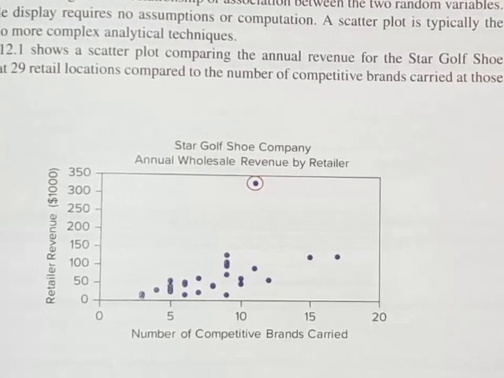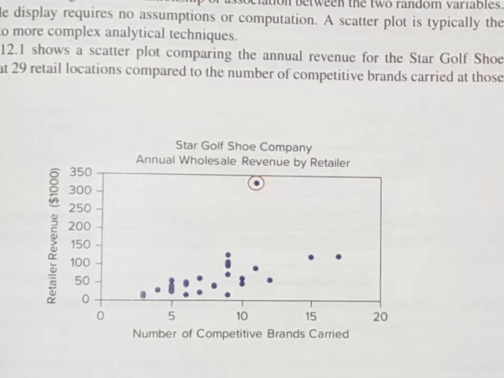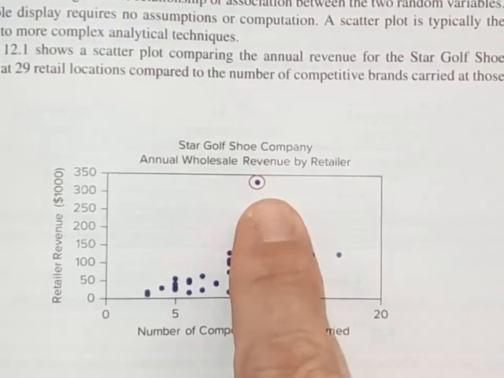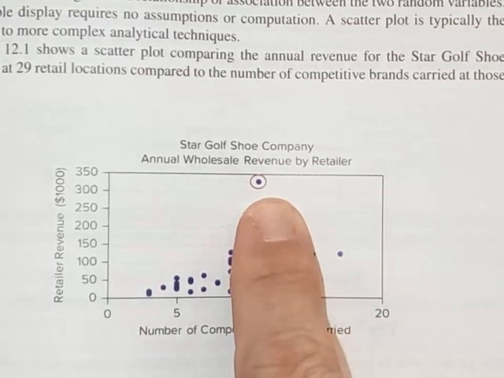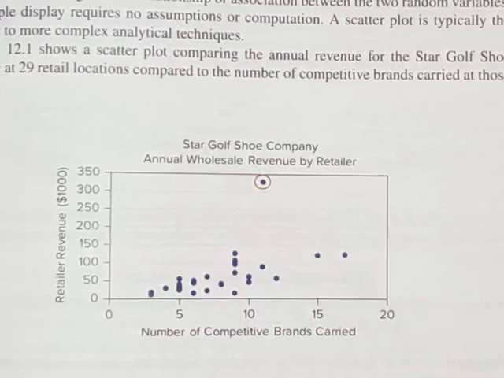Notice anything strange about this data? What the hell's happening here? They are raking it in, aren't they? I don't know why, but I clearly have an outlier.